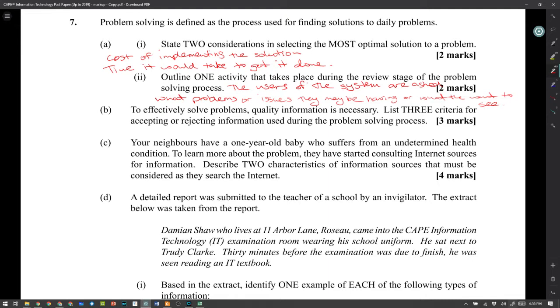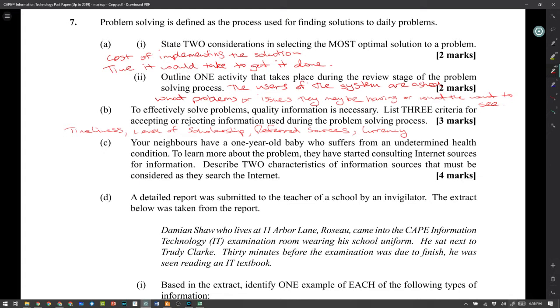Three criteria would be timeliness, level of scholarship, referred sources, currency. Those should be good enough there.